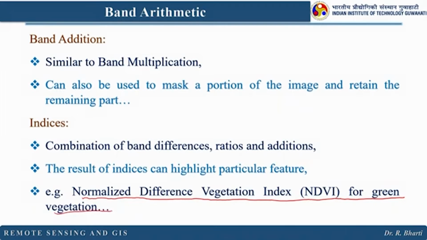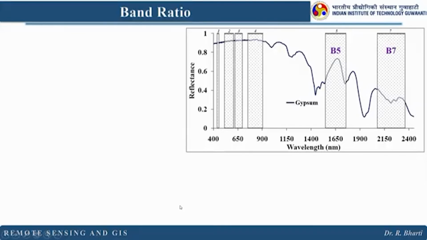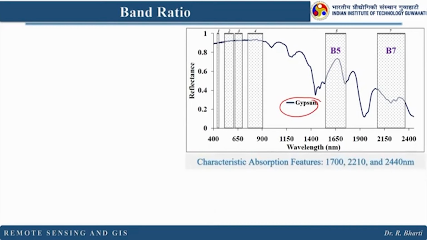Let us see some examples of band ratio. For real objects, in geology we identify minerals and rocks, vegetation, water, right. Based on this spectral response, you can see this is for gypsum, and here the characteristic absorption features are located at 1700, 2210 and 2440 nanometer.